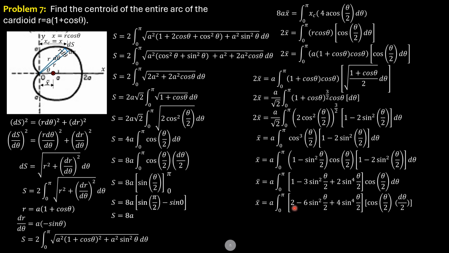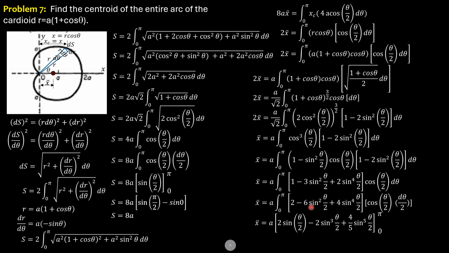For the first term, this is simply 2 integral of cosine of u du, which is easy because that's just 2 sine of theta over 2. So x bar equals a quantity 2 sine theta over 2 minus 2 sine cube of theta over 2 plus 4 fifths sine to the fifth theta over 2 from 0 to pi.